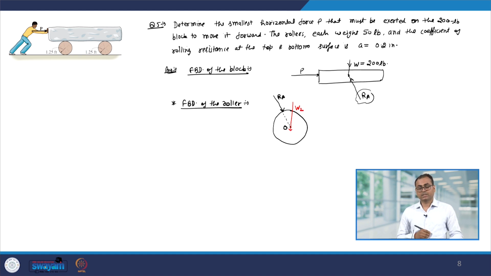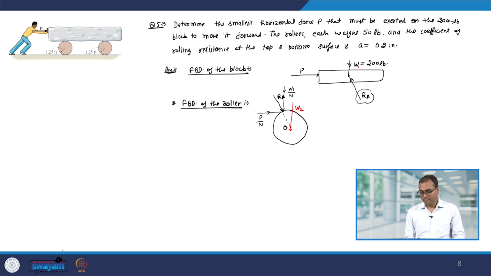Let us say this is W2 and this one is W1. Now, from the free body diagram, the component of RA along the horizontal direction will be P divided by N, where N is the number of rollers that we have. Similarly, the component of RA along the vertical direction will be W1 divided by N.